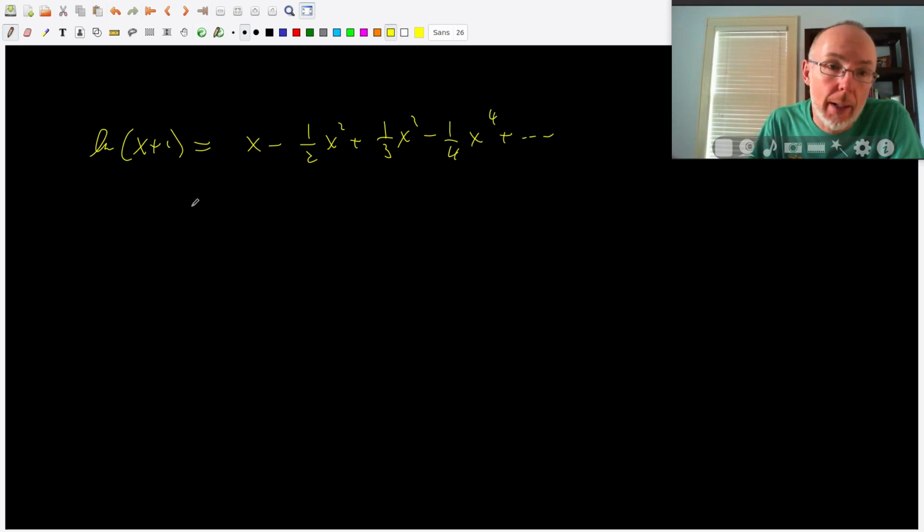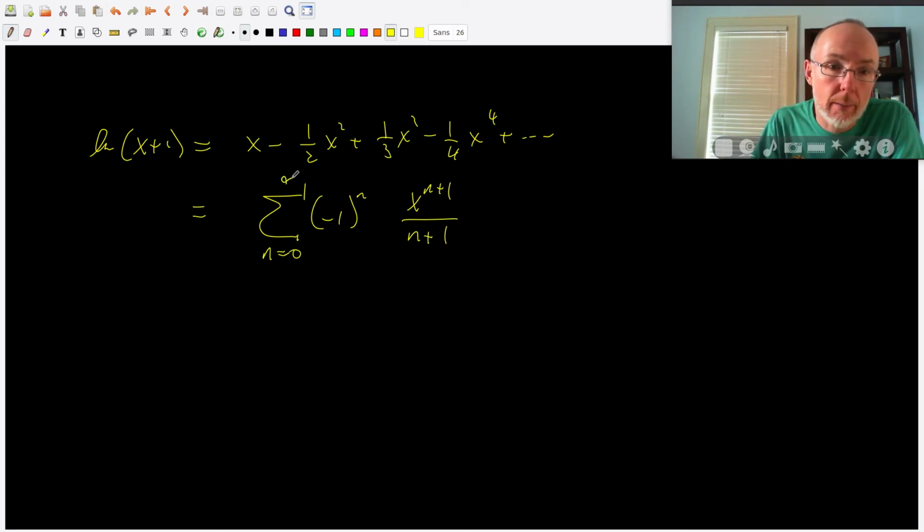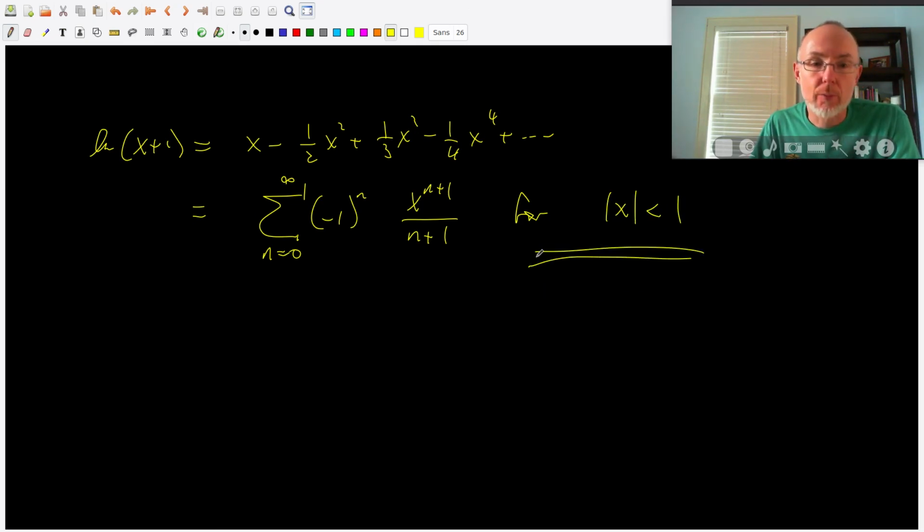We've got now an infinite series, and it's an alternating series, that represents the natural log of x plus 1. And that's true, because it converges in the same region, it's true provided that the absolute value of x is less than 1.